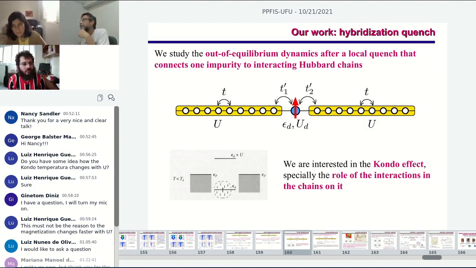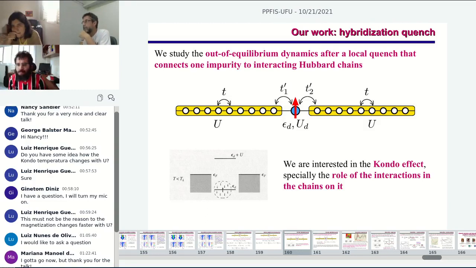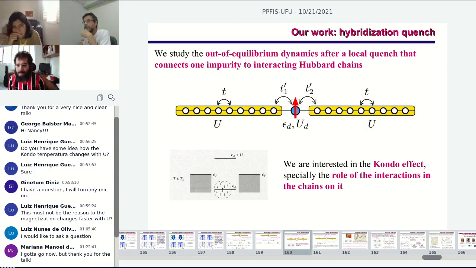This would be an interesting problem to try out, but a much harder one, I believe, because the ground state is not a Fermi liquid, and you would have to fine-tune the parameters. But this would be really very interesting.